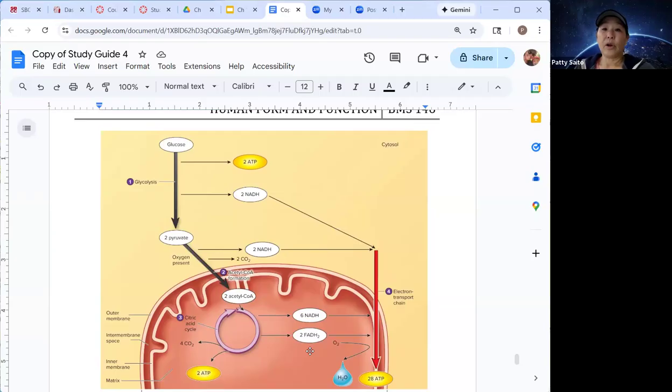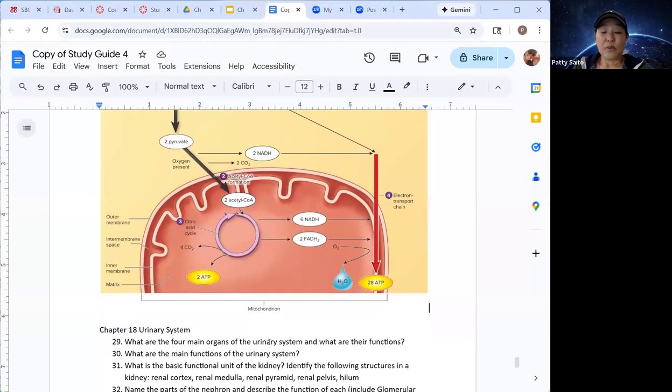So, if you're sprinting, you're running a sprint and you get tired. There's a point where you cannot go any longer, right? You can only sprint for so long. Why? What is happening? You're not getting enough oxygen to be able to undergo cellular respiration.